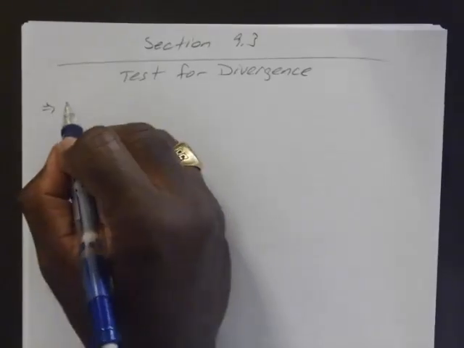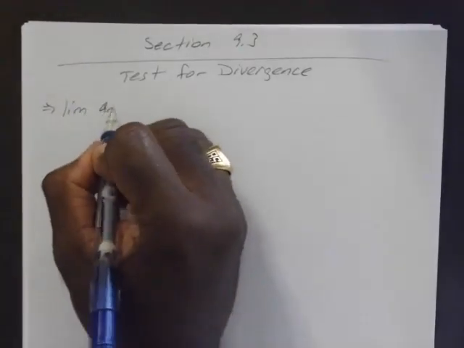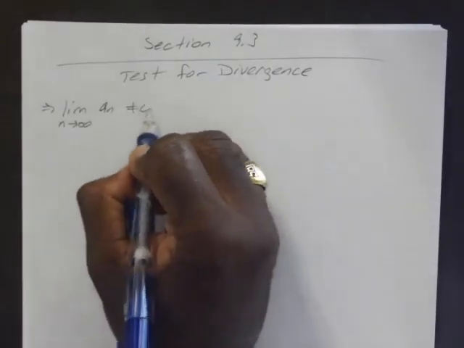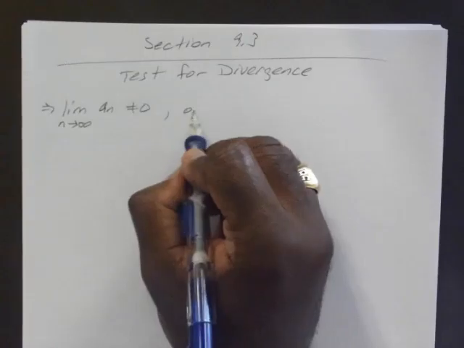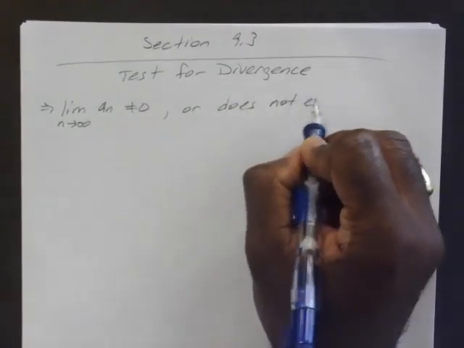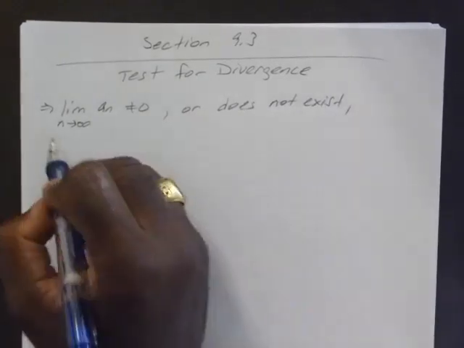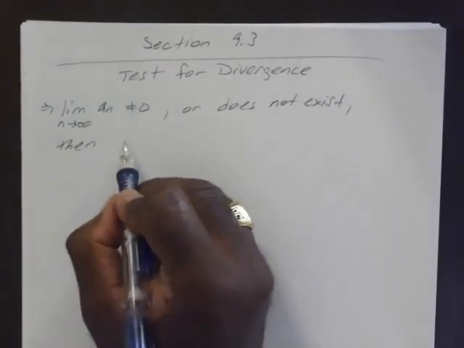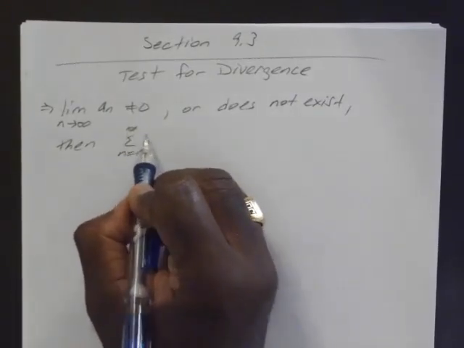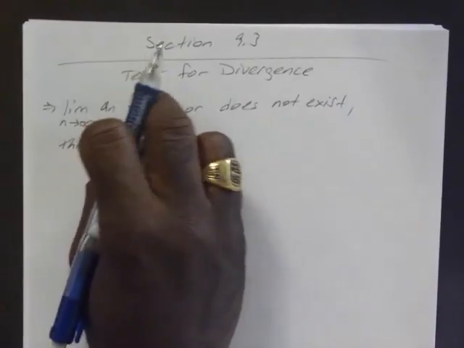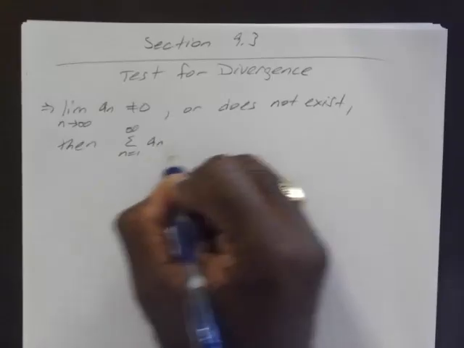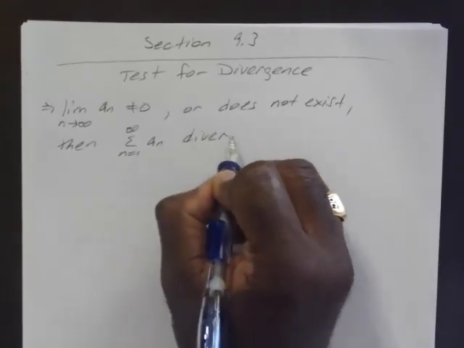Okay, which states that if the limit of a sub n as n approaches infinity does not equal 0 or does not exist, then we know that the series from n equals 1 to infinity of a sub n diverges.